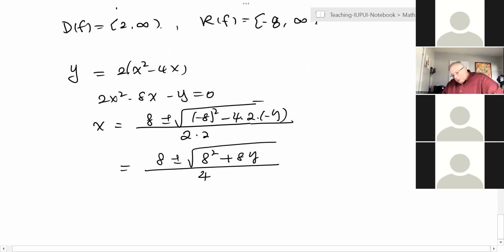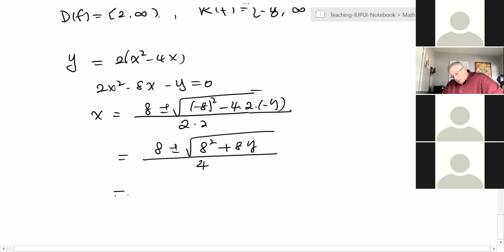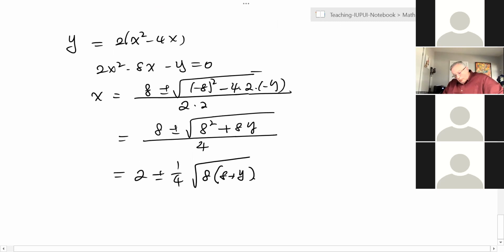If I take a 4 out, you can simplify it. If you don't want to do that, it's just 2 plus minus a quarter, and you can take 8 out, the 8 plus y. Okay. So this is x, right?